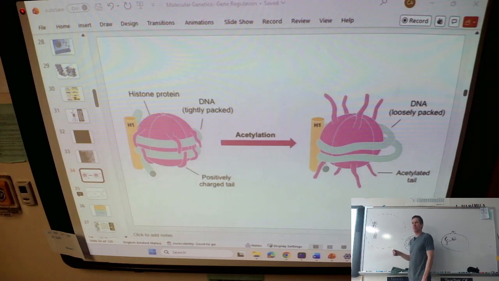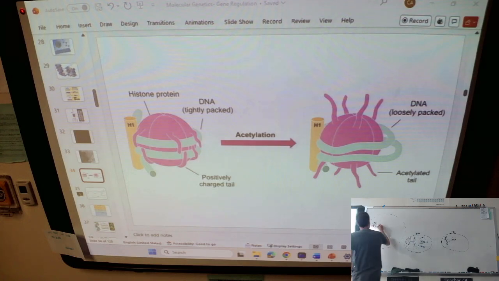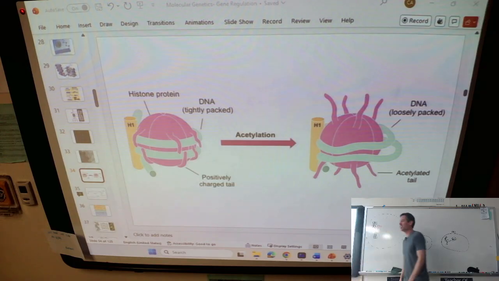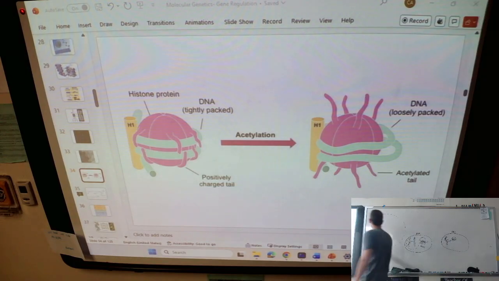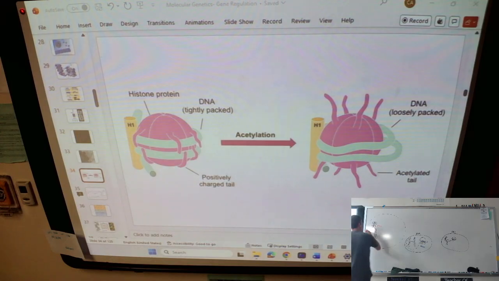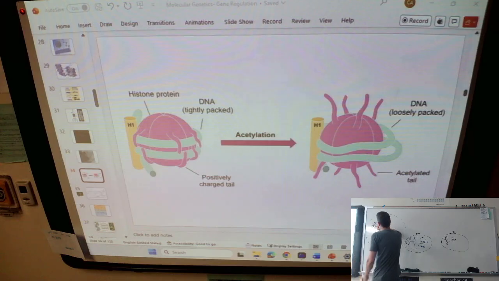What is a methyl group? Water's H2O. What's a methyl group? Yeah, CH3. For reasons that don't really come up in this class, but just so I'm accurate in case you take genetics one day, we methylate both sides. Like if I methylate this side, I methylate this side.